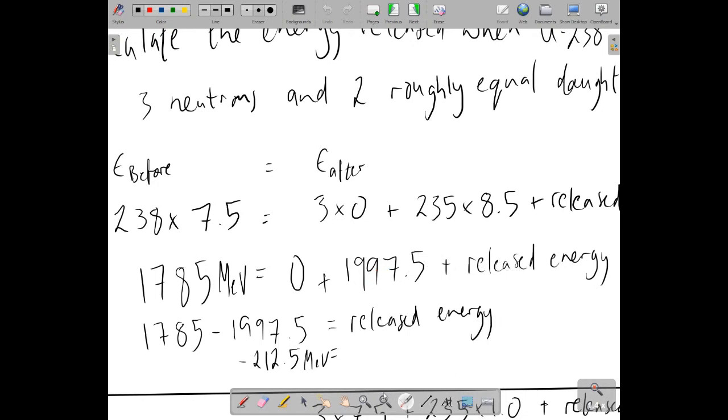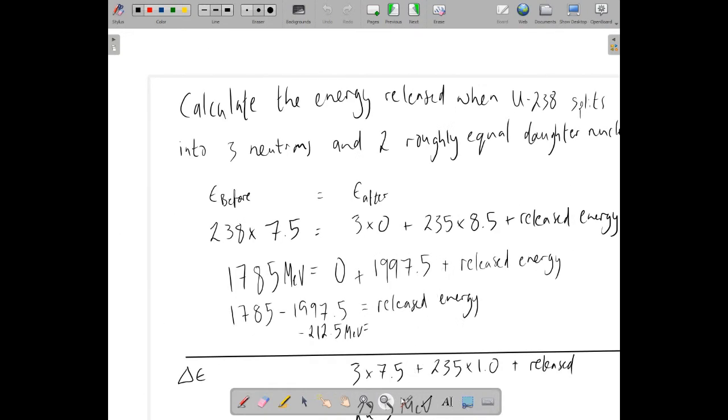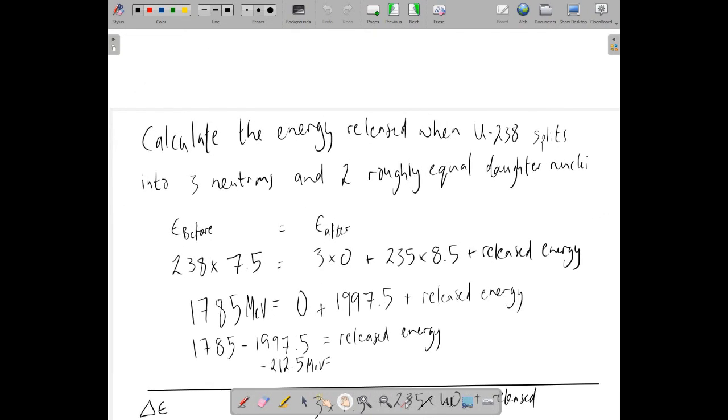So that then gives us some energy release. Now, that released energy is the difference between the 2 sides, okay, which is 212.5 MeV, or mega electron volts.